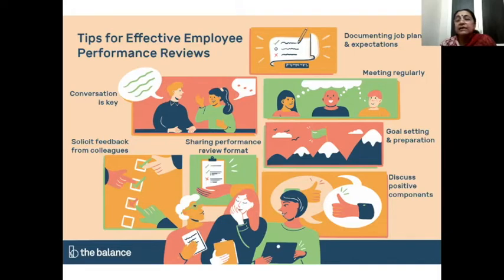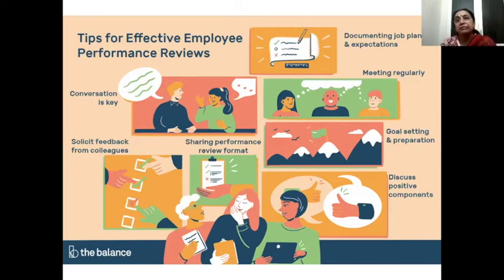Then goal setting and preparation is a very important part of how the review has to take place, because the clearer the goals, the easier it is going to be for anybody to do it. And then we have discussing the positive components of the feedback. What suggestions can actually be implemented? How can they be implemented?